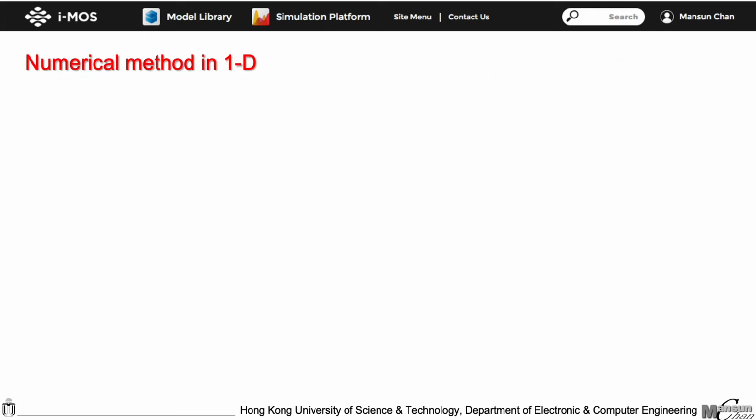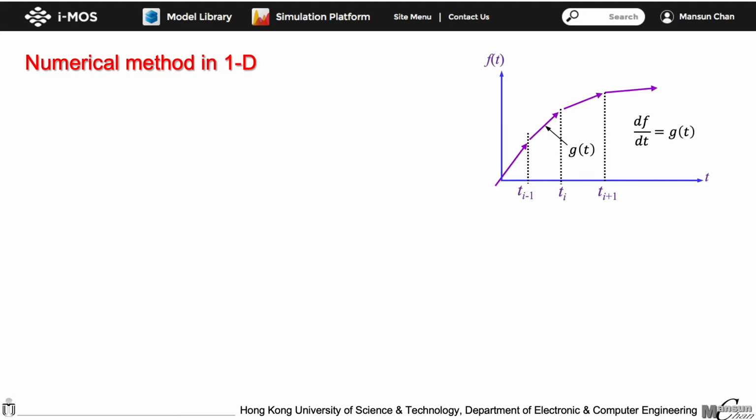Remember, the problem of the simulator is how to calculate the iterative branch voltage and branch current at Ti consistently. To do that, we have to apply some numerical solution technique to solve differential equations. For a first-order differential equation, usually the derivative of the function is given, and we have to find the function.